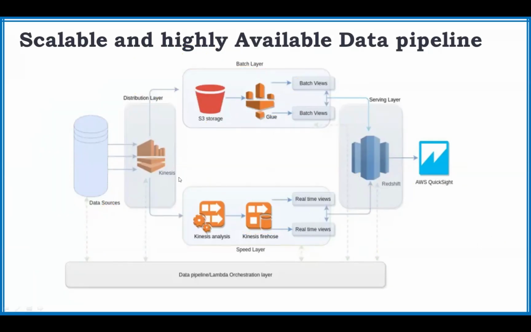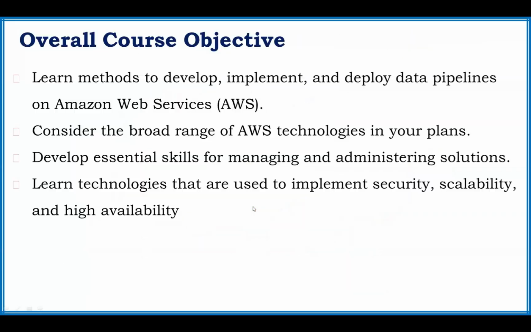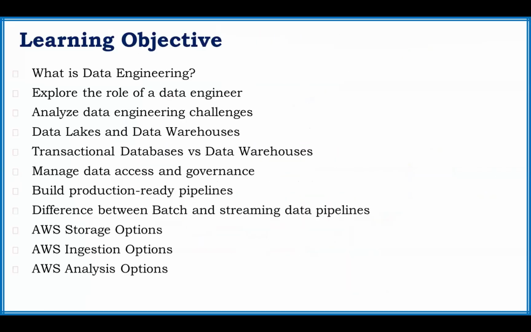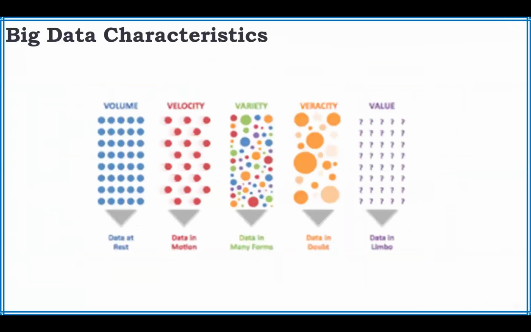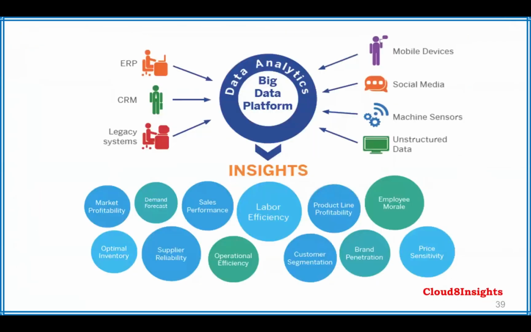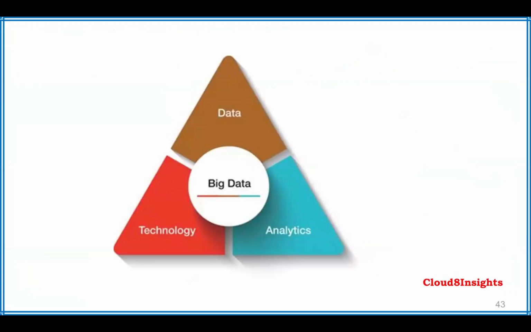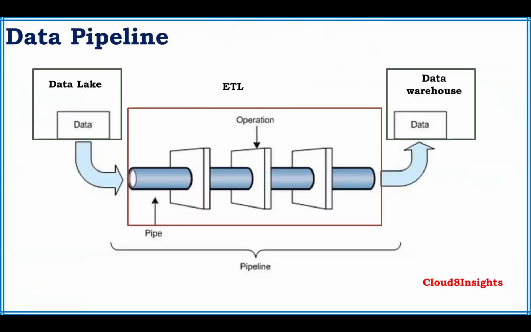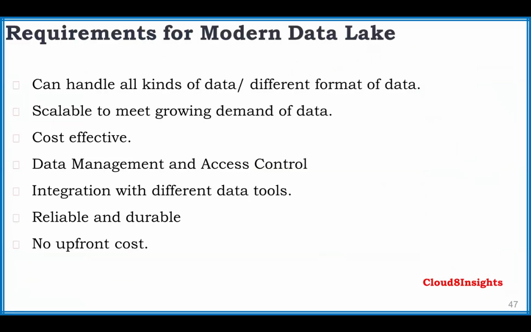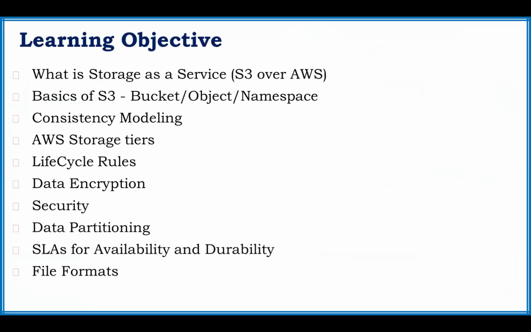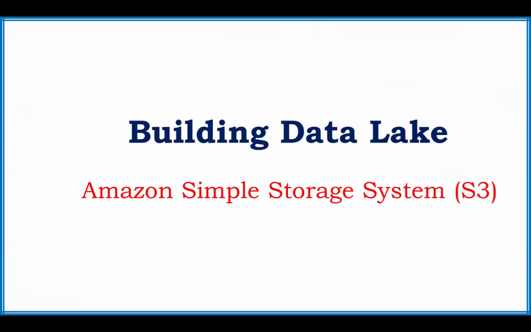So moving further, we're going to talk about a few services that we are going to use. We have already discussed big data transformation: we need to create a flexible pipeline from data lake to ETL to the warehouse. Now the very first thing we're going to discuss on AWS is Amazon S3, which is a simple storage system.